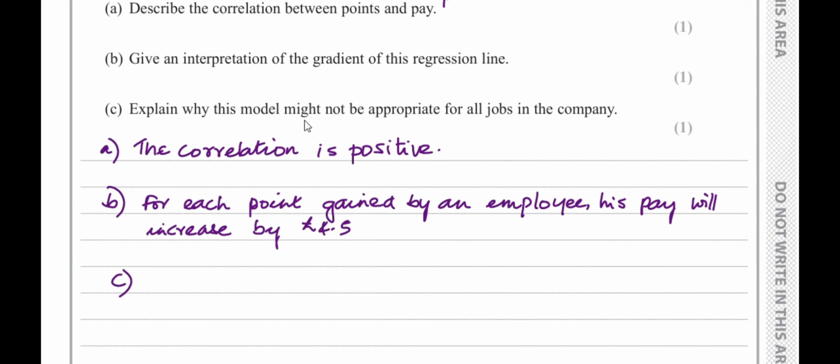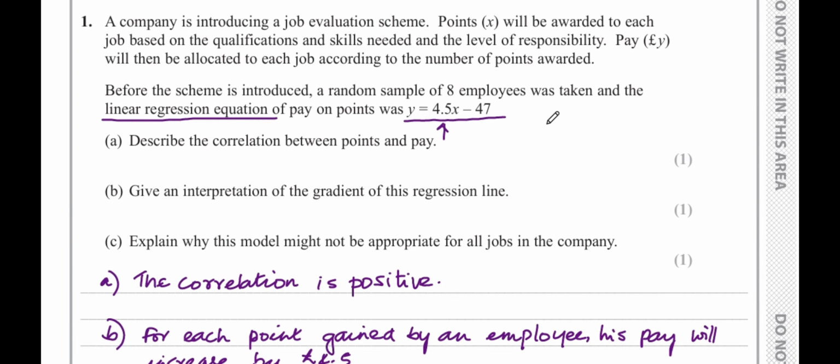Explain why this model might not be appropriate for all jobs in the company. So if you review the situation here, you will understand that there could be something inappropriate. What could that be? So y is the pay, 4.5 times the points gained minus 47 is going to be the net pay. So is it possible that the net pay may be negative sometimes?